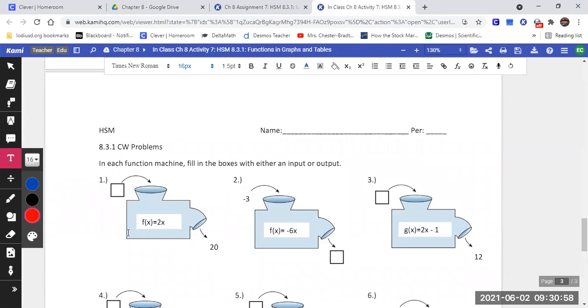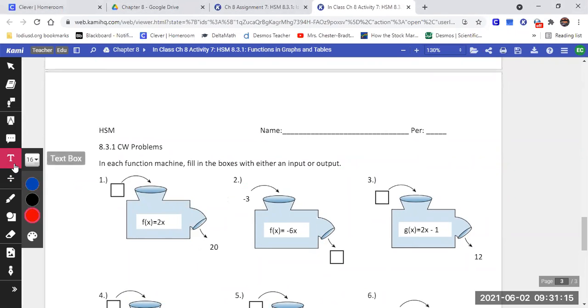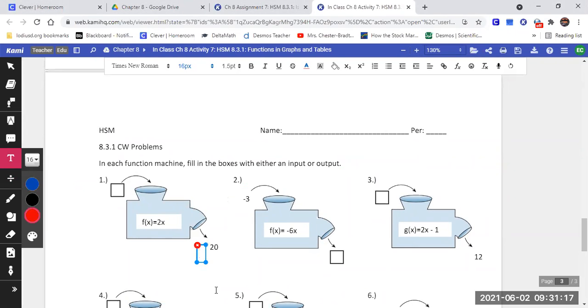So I see the number down at the bottom. Is that an input or an output? Is the number coming out an input or an output? It's an output. And what letter stands for our output? Which one of our letters is an output letter?